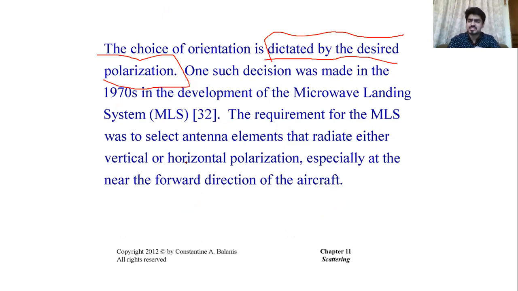And you can see that if you have that cylindrical structure as an aircraft, then you would like to have a pronounced or proper radiation in the forward side of your cylinder or forward side of your aircraft, so that when you use this microwave landing system, MLS, you would like to have much more radiation in the forward direction, so that this microwave landing system can work properly.